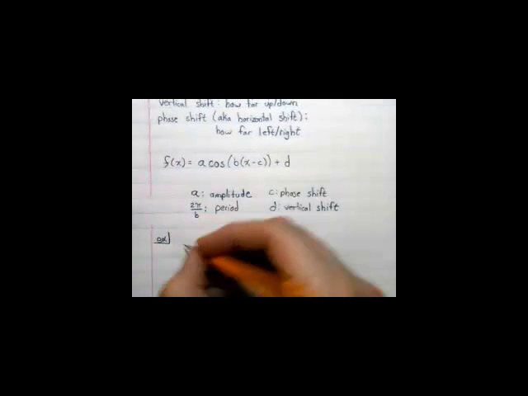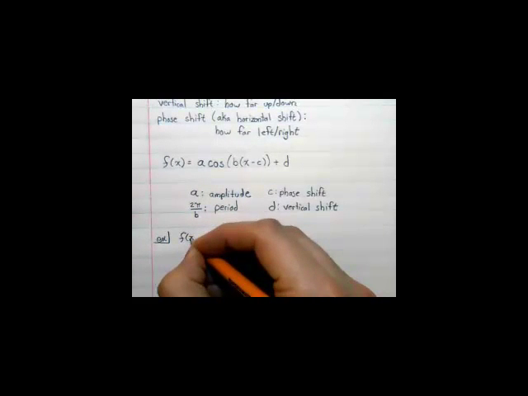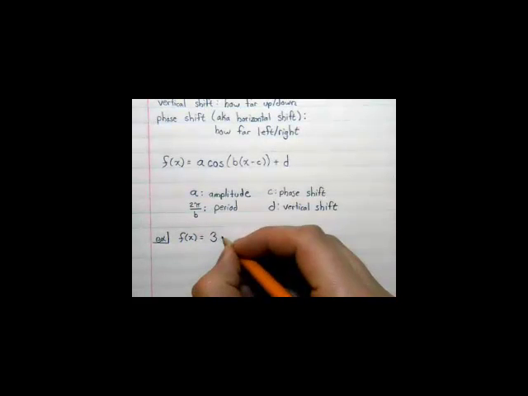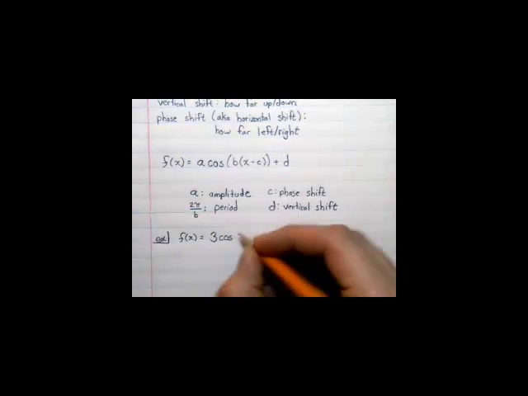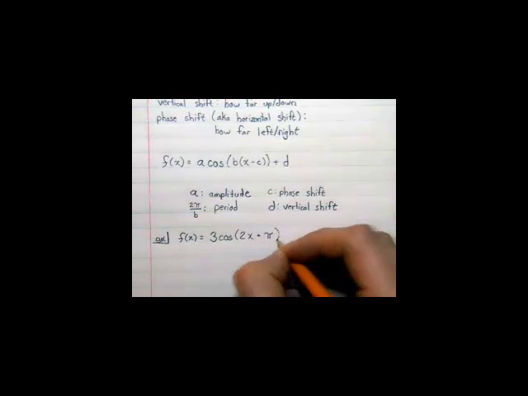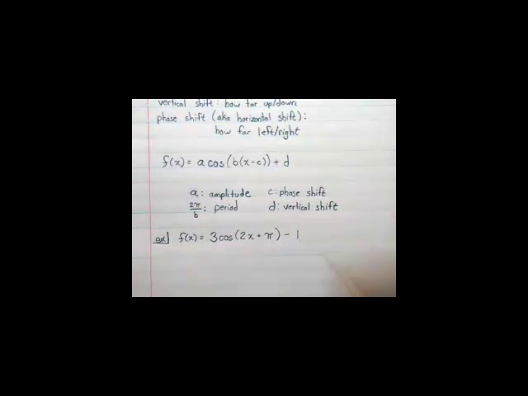So let's say we have f of x is 3 cosine 2x plus pi minus 1. And I want to figure out what is the amplitude, what is the period, what's the phase shift, and what's the vertical shift for that.